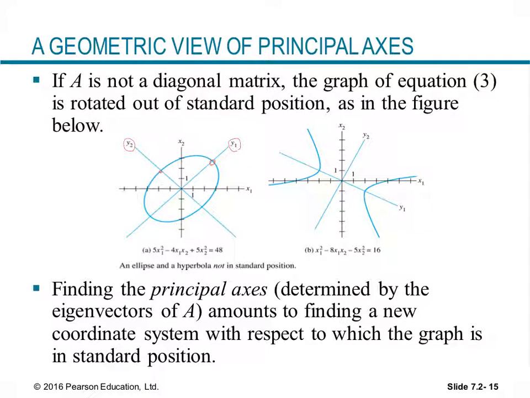But in terms of the original variables x1 and x2, it is very difficult. So, given a quadratic form, we want to find the principal axes determined by the eigenvectors. That will help you find, for example, the minimum distance, maximum distance, or directions of the farthest point or the closest point, and so on.